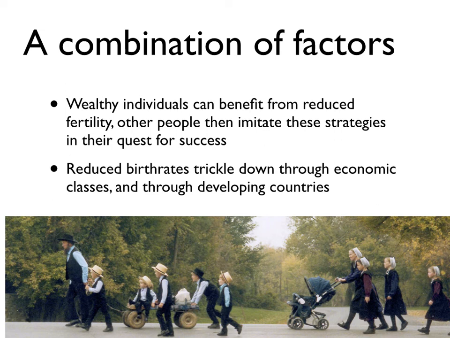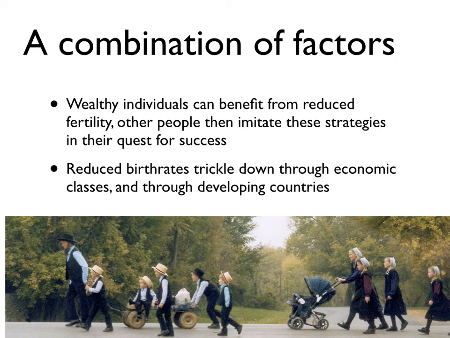Most likely, what is at stake here is a combination of factors. Wealthy individuals can benefit from reduced fertility. Think of the kings of England in days past. You only wanted an heir and a spare because you didn't want to divide the kingdom. So there is a quantity-quality trade-off for individuals who have to raise very competitive offspring. And other people who maybe don't have these same pressures then imitate these strategies in their quest for success.